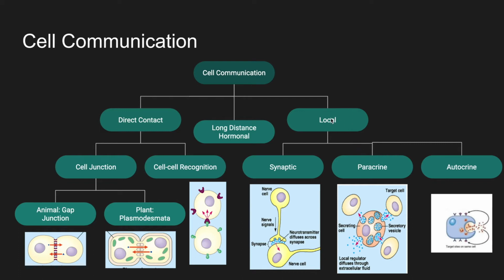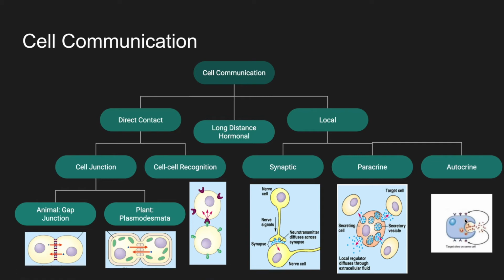So we're going to talk about local signaling first. Local signaling, as is implied by the name, is signaling with cells that are near each other, right? And autocrine signaling is unique in that it is not a cell that is near the original cell. It is the actual cell that is releasing the ligand that is also having the ligand bind to the receptor.